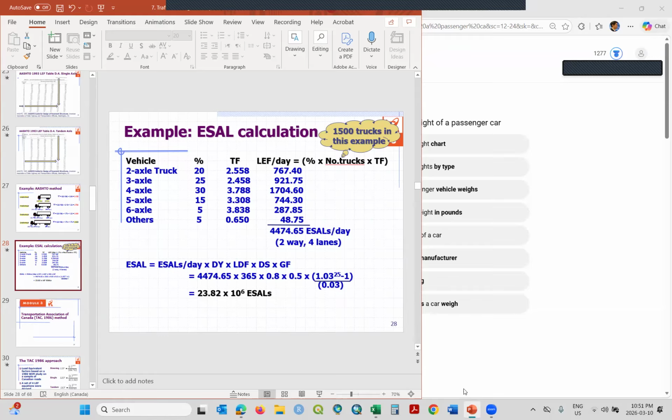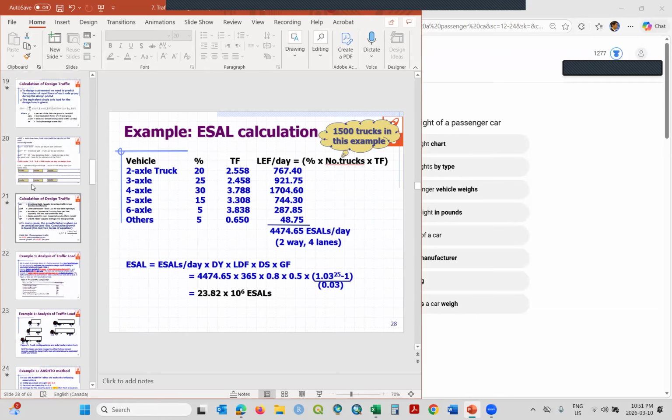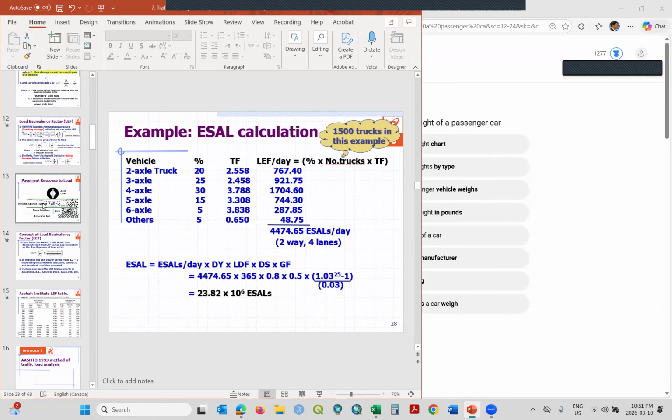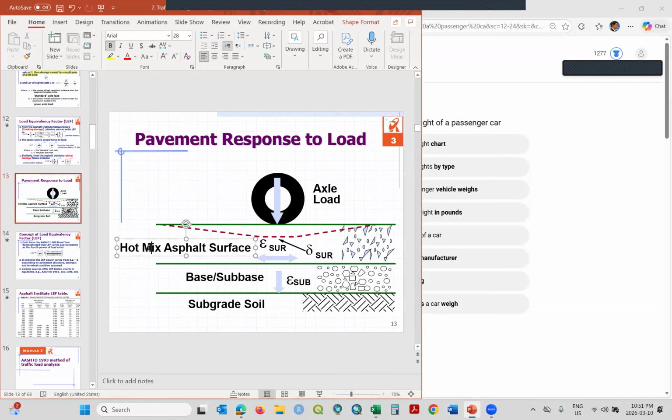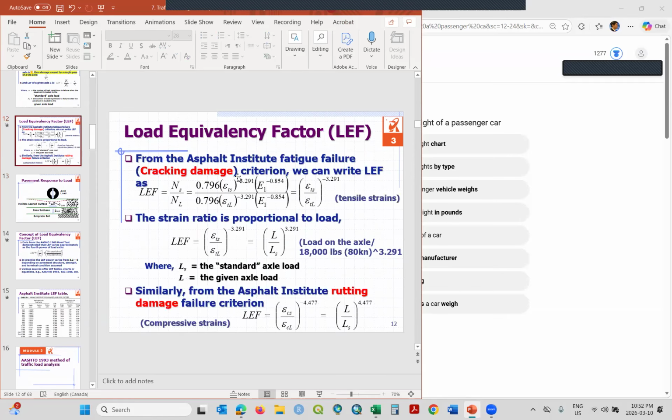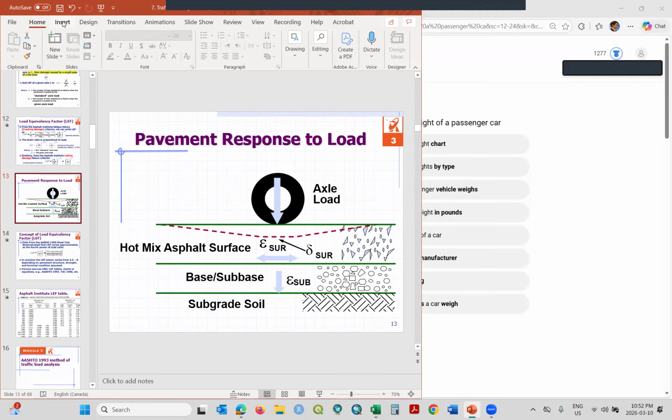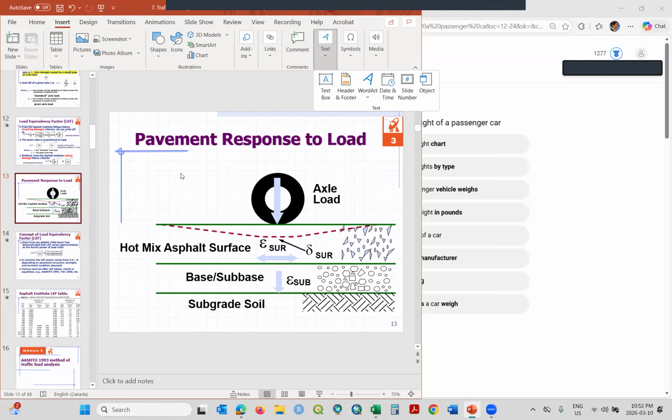So the equations that I showed you before, this one, or if you want this one that is cracking and rutting, your rutting, oh, what happened with the text?